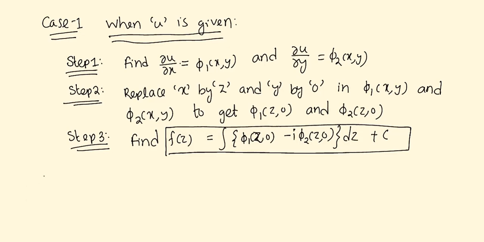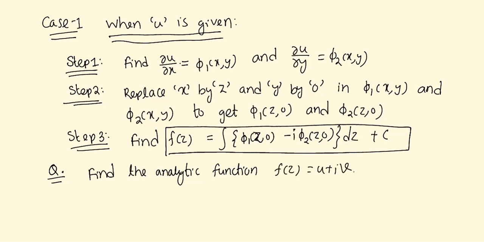That question is: find the analytic function f of z equal to u plus iv if the real part is y to the power 3 minus 3x square y.